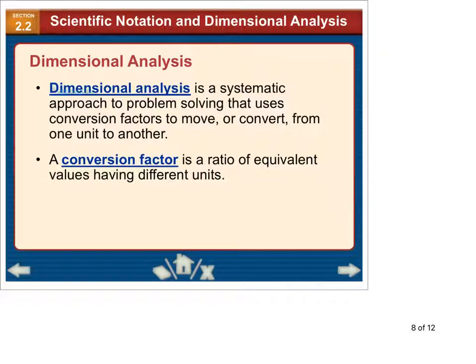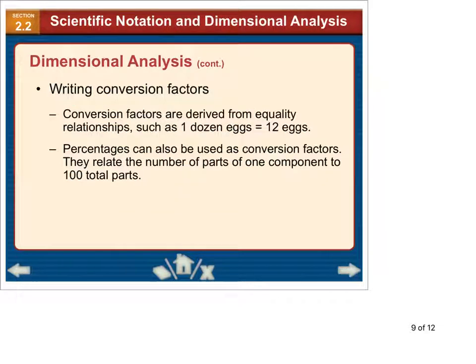Dimensional analysis. We'll be doing a lot of work with dimensional analysis throughout chemistry. There's a nice definition and a definition of a conversion factor. Make sure you write those down. Conversion factors derive from equal relationships, like a dozen eggs is 12 eggs.